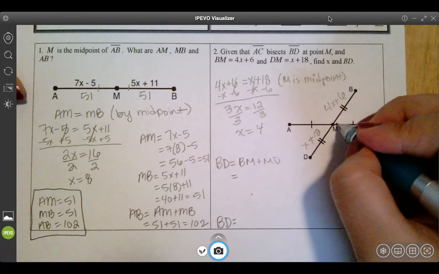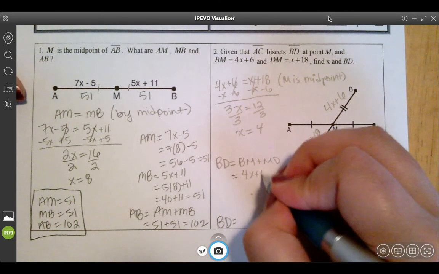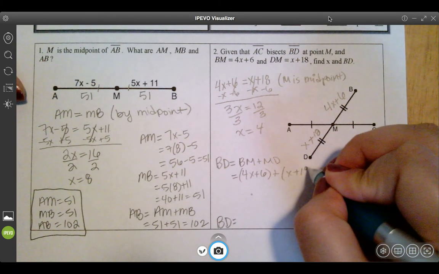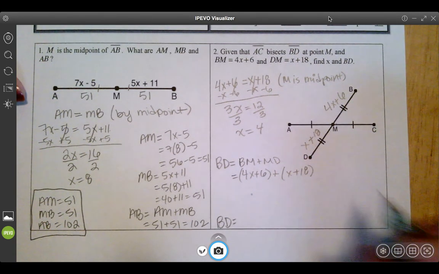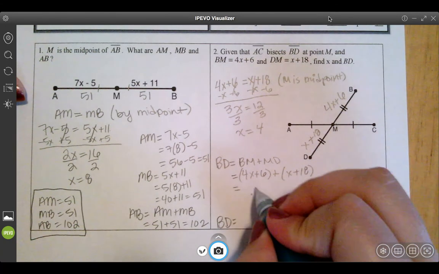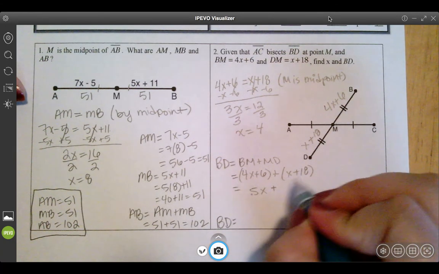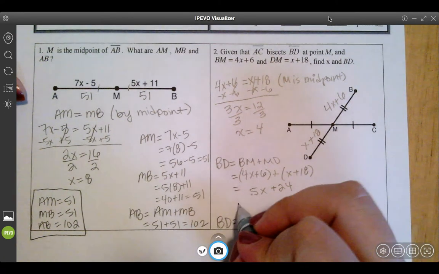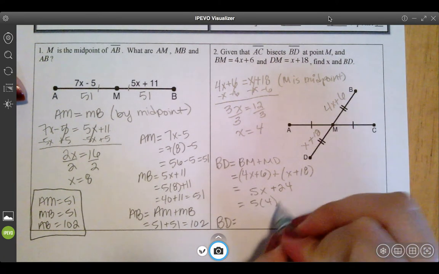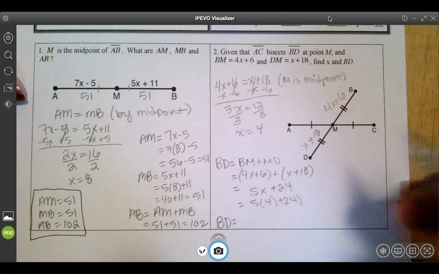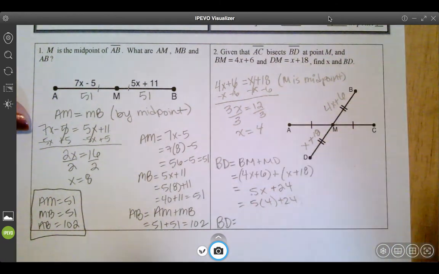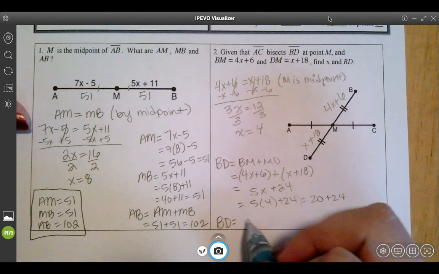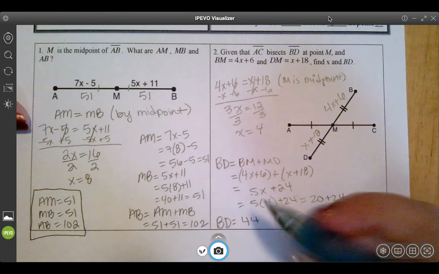So BM was 4x plus 6. MD is x plus 18. Collecting like terms, we get 5x plus 24. x is 4. 5 times 4 is 20, plus 24 equals 44.